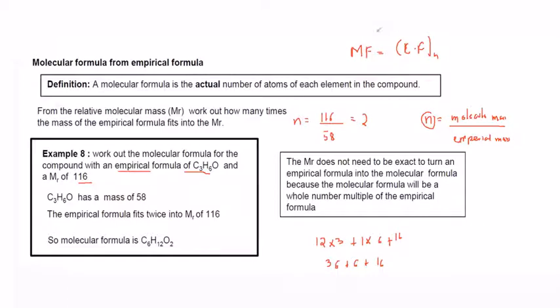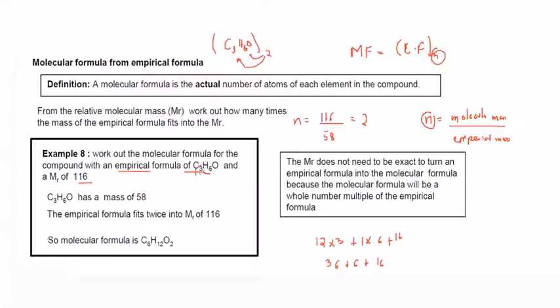So empirical formula multiplied by n will give you the molecular formula. The empirical formula was C3H6O multiplied by n. What is n? n is equal to 2. So this 2 is multiplied with carbon, this 2 is multiplied with hydrogen, and this 2 is multiplied with oxygen. Now in the question there is one oxygen. Why are we not multiplying the 16?